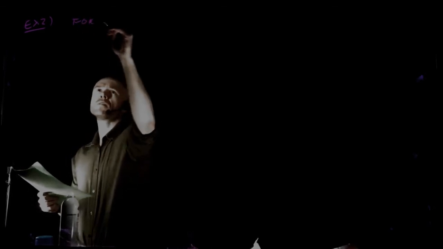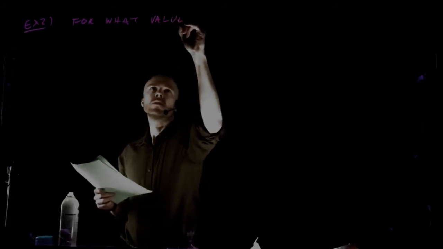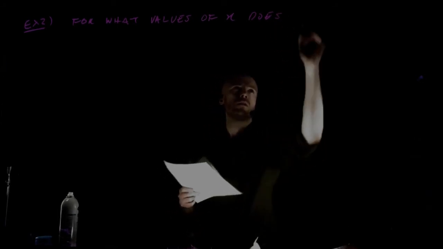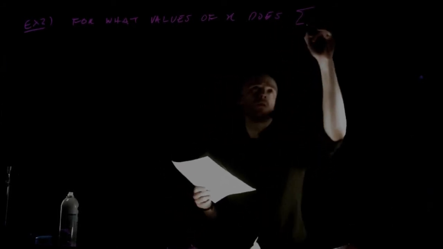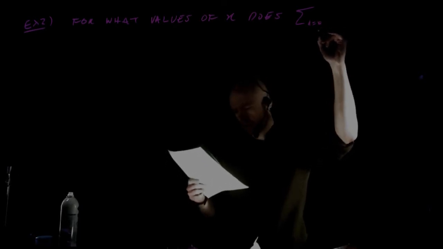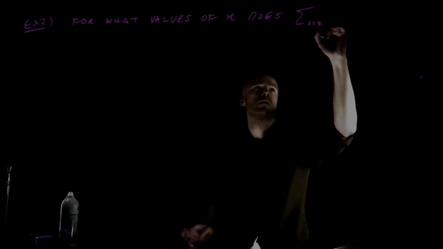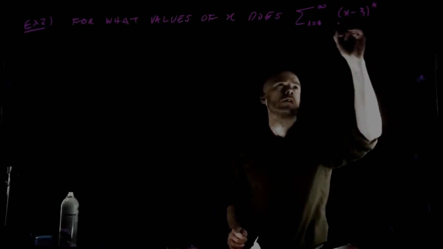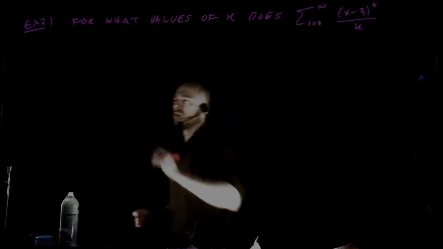Change pen color just for fun. What about this thing? Example 2. For what values of x does this series, the sum from k equals 1 to infinity of (x minus 3) to the k over k, converge?